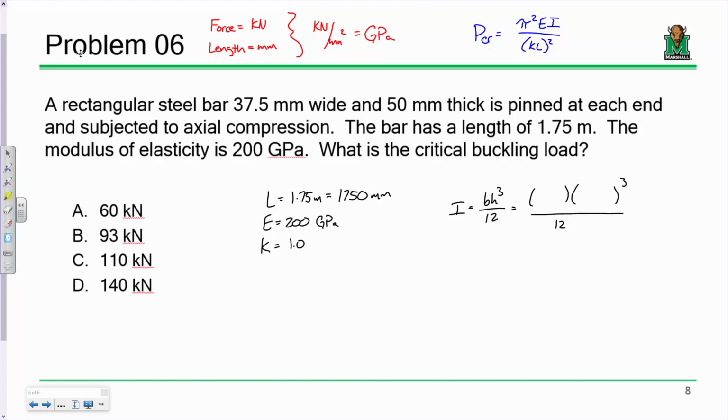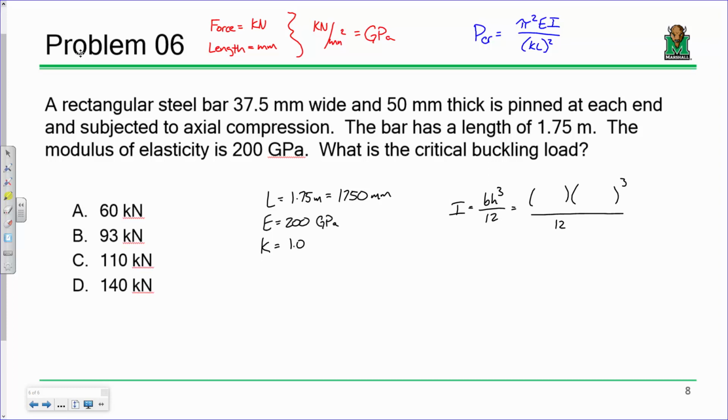No. Here's why. This is a very common thing to do on these problems. But let's think about steel design for a second. If you have a column that is equally braced on each end and loaded in axial compression, about which axis will it buckle? The weak axis. Remember that?